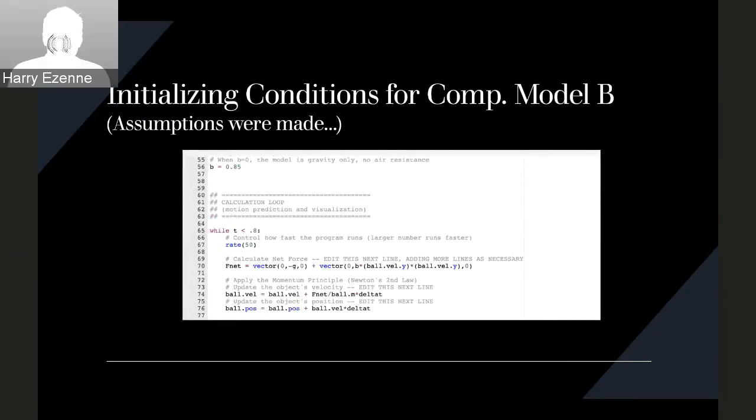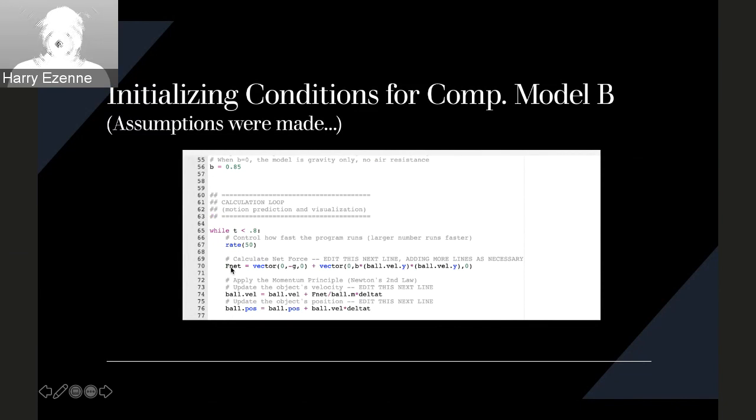For computational model B, it's around the same thing, except that I had to change my b value to be non-zero. So it was a lot of trial and error to figure out which one best modeled the object's position, motion. 8.85 was the best value I got.